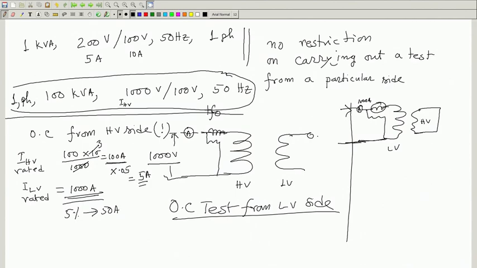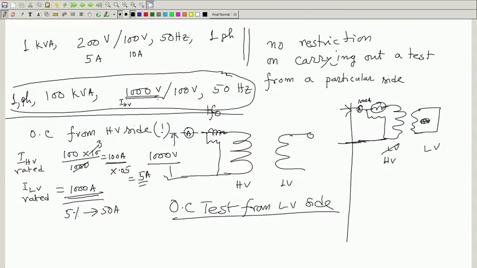Therefore, all this points to the fact that, if this was the HV side and this was the LV side, the high voltage side rating is 1000 volt. But you do not require 1000 volt to carry out the SC test, only a little voltage, maybe 10% of that, which will circulate the rated current.